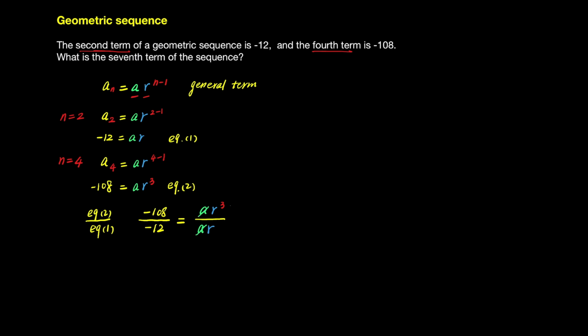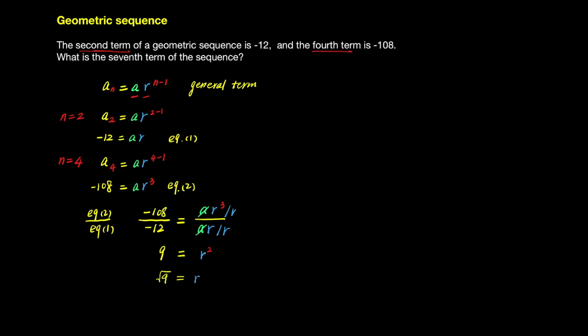Also dividing the numerator and denominator by r will leave us r squared. So on the right side, we have r squared. On the left side, minus 108 divided by minus 12 is 9. Then we can solve for r by taking the root of 9.